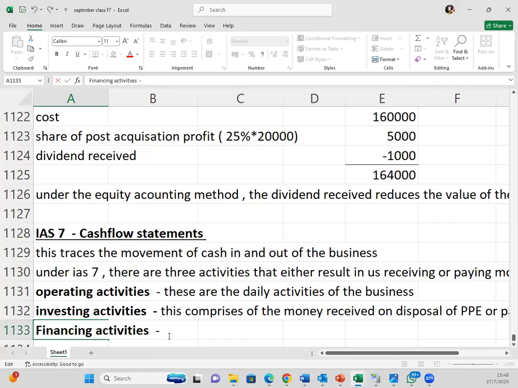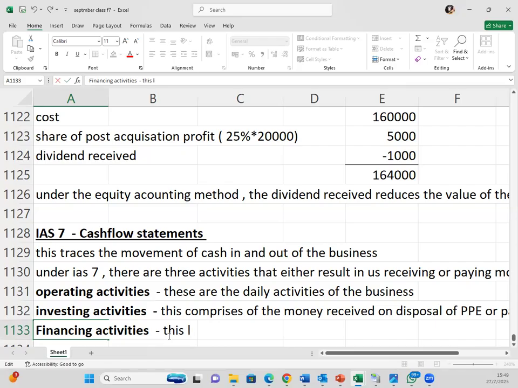So the financing activities, these are the sources of finance. We can get money through the shares, you can get money through loans. So we can either receive money or we can make a repayment if it is a loan, or we can make a repayment if it is redemption of shares. So this is looking at the money received or paid.